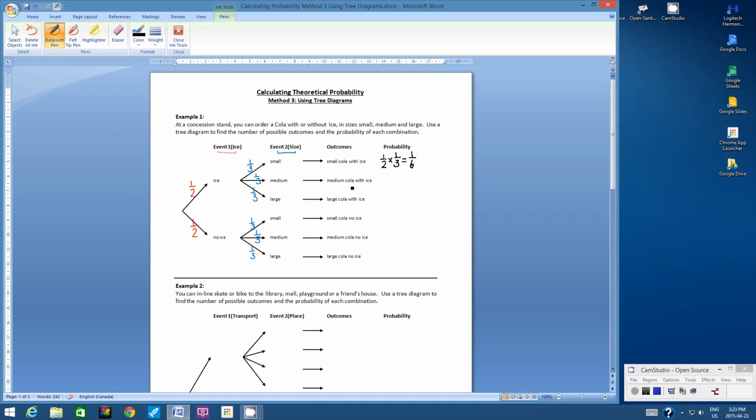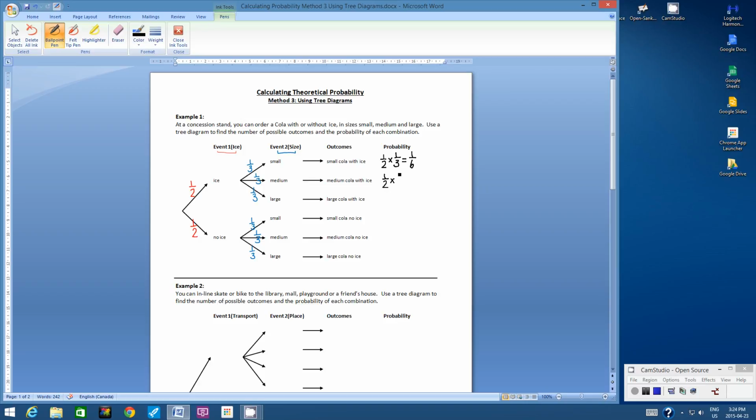Now, what if we chose medium cola with ice? So again, we're talking about with ice here. So that's this main branch here. So what is the fraction of ice? Well, that's 1/2 again. Times. And then now we're going to go down the branch that has medium. So what is the fraction we come across on that branch?